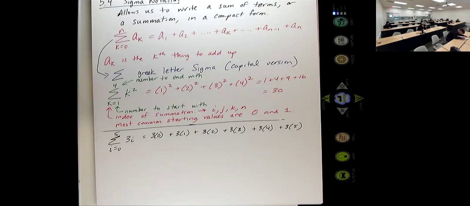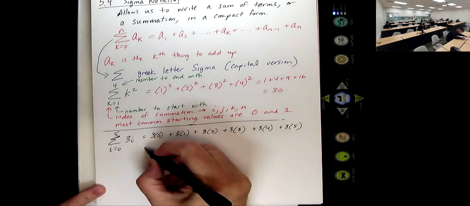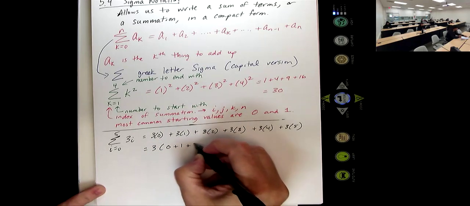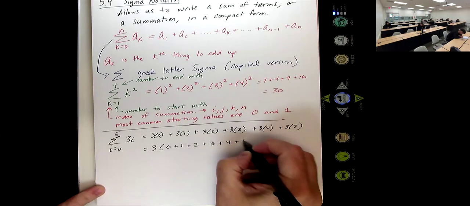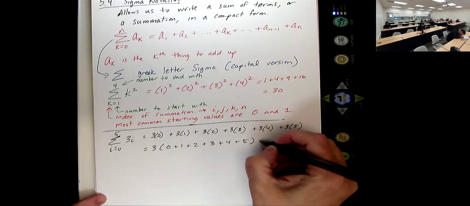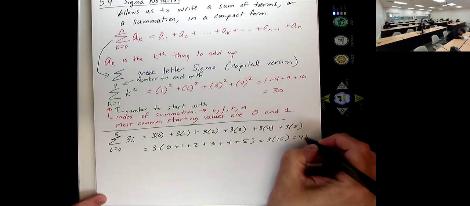Now, we could multiply them all right away, or every single one of those has a 3, and I can factor the 3 out and make this a little quicker, only having to multiply once. And that adds up to 3 times 15, which is 45.